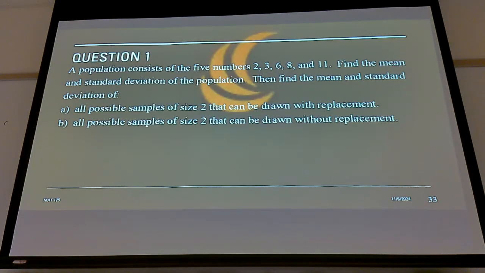I'm assuming that we're assuming this population is normally distributed. No, we're not. Oh dear.